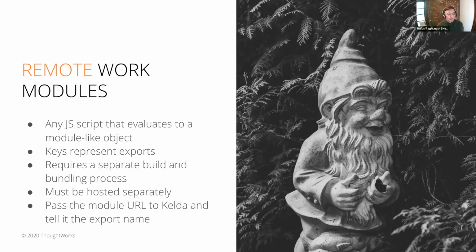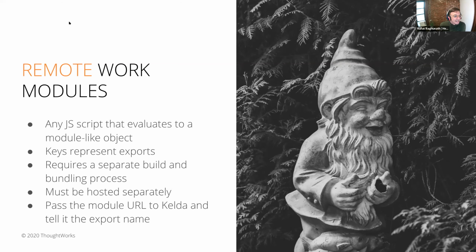I spent more time looking in detail at how the workaround could work. And so let's talk a little bit about remote work modules. Remote work modules are like the equivalent of this sort of dirty and broken gnome, where originally you had a really good idea and then it just turned out to be not that workable, and it ends up sort of sad and broken, but it's still kind of better than nothing.